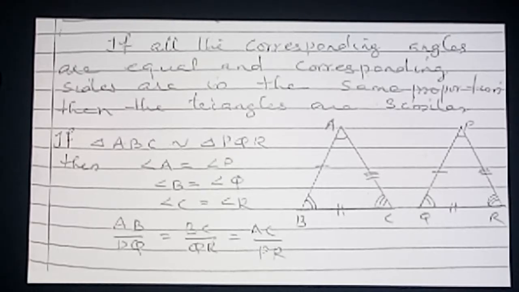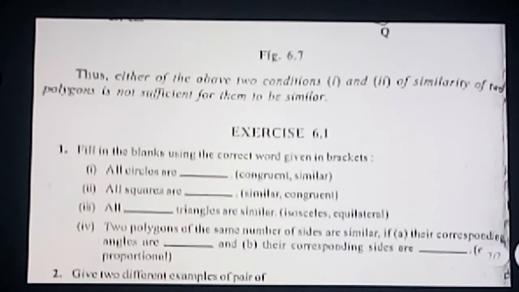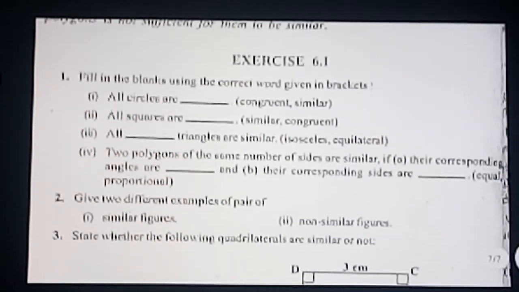Now we can start with the exercise. First is Exercise 6.1. All of you take your textbook, read the questions and say the answers yourselves. First question, listen. First read the question properly, then we can discuss the answers.